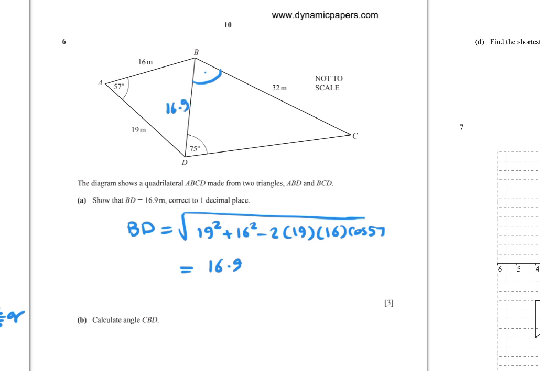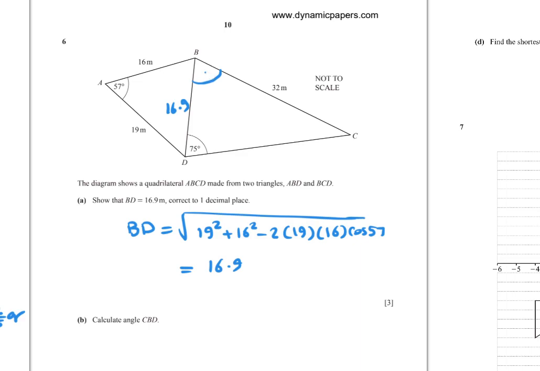For this triangle, we have two sides and an angle, so we can find angle C, because 16.9 over sine C equals 32 over sine 75. After we find angle C, we can find angle B, 180 minus both. We cannot find B directly.